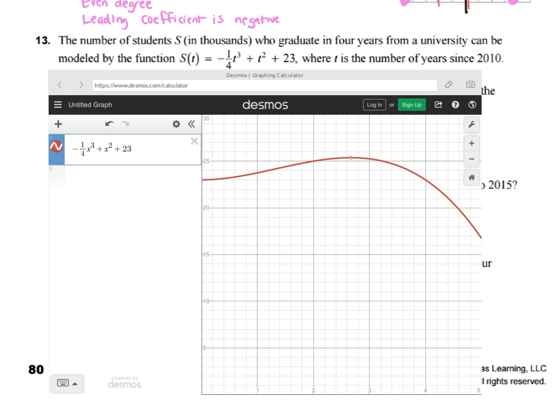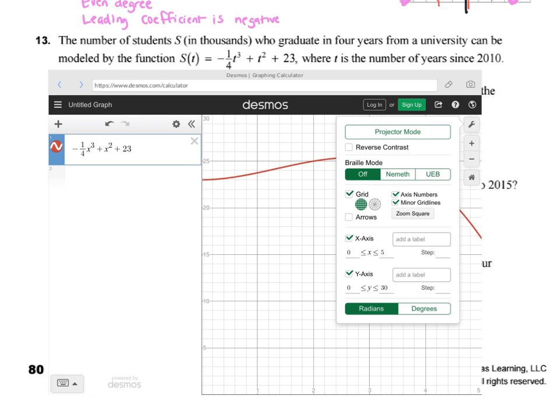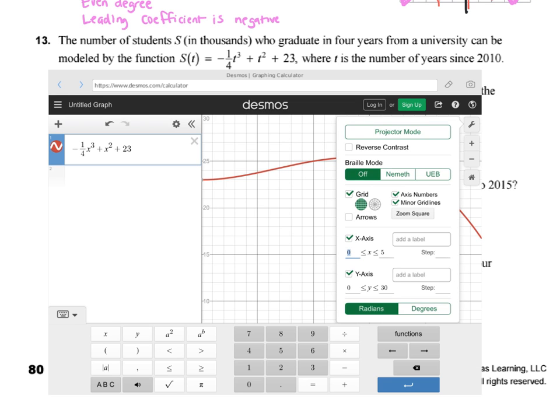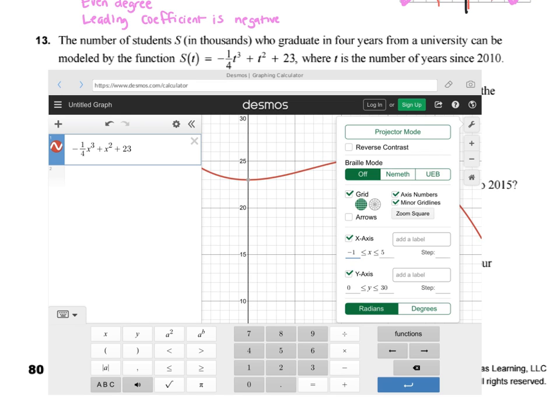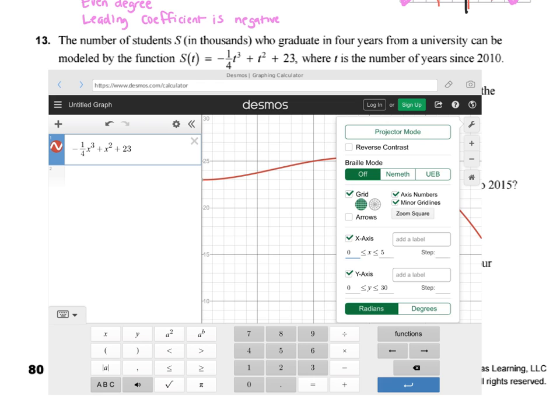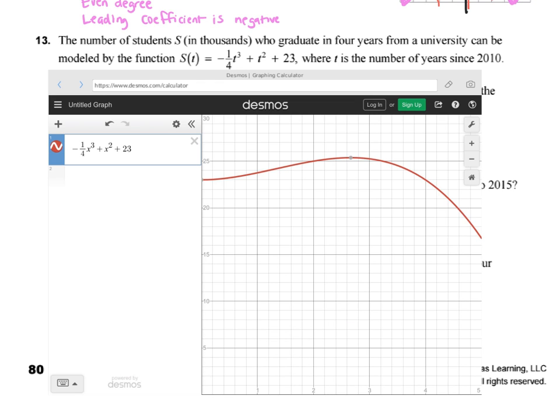Okay, and if it says 0 to 5, but if I change it just a little bit, if I change it to -1, okay, the end behavior changes. Okay, so that's why they specifically said they want the end behavior just from 0 to 5. So from 0 to 5, it looks like, and it's very slight, but it looks like it's sort of falling on the left side and falling on the right side.